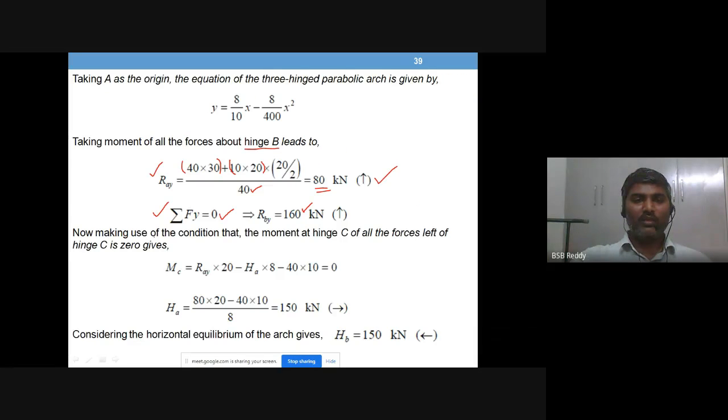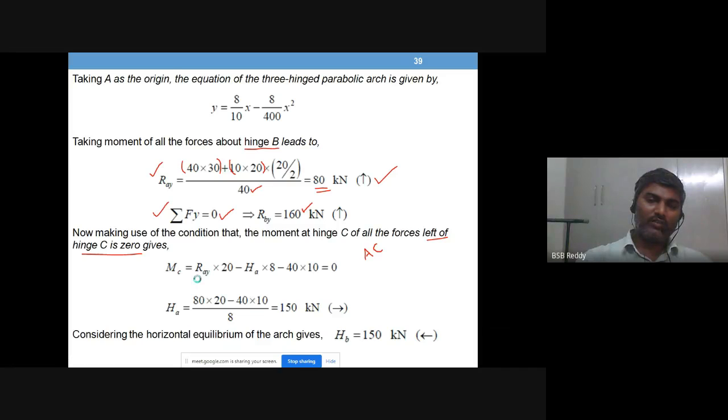So we make use of the condition that the moment at hinge C, left of hinge C, is 0. It is written for portion AC, with the left of the hinge taken. What forces do you have to the left of the hinge?